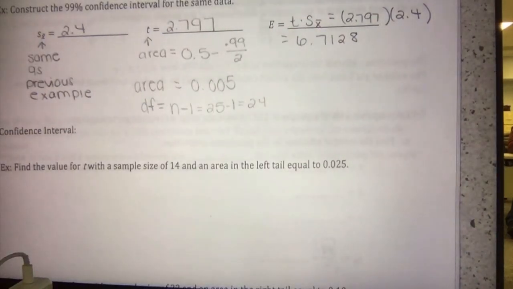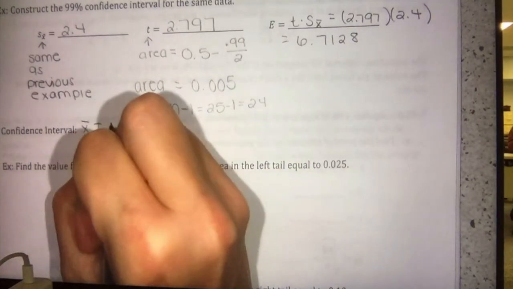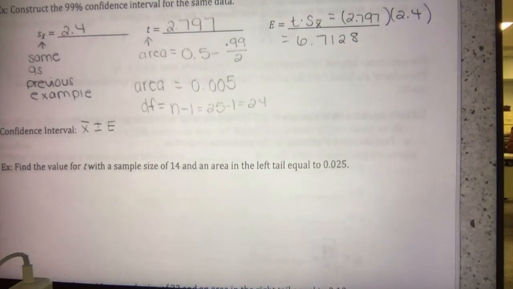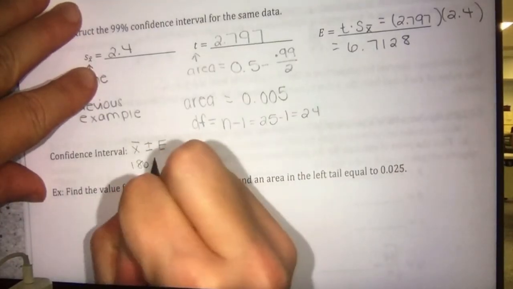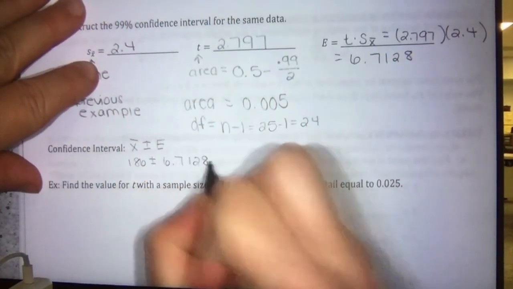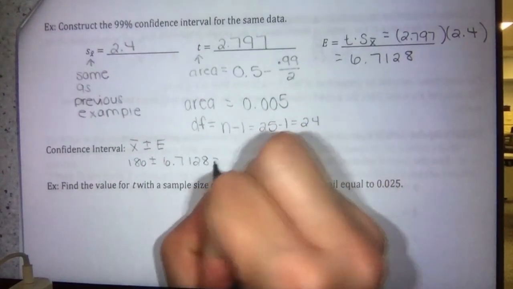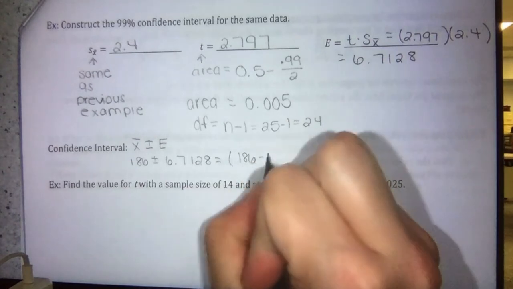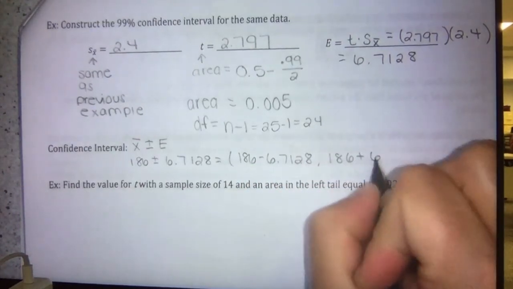The question asks us to find the confidence interval. So our confidence interval is x bar plus or minus our error. Our x bar from the previous page was 186. So 186 plus or minus our error, which we just found was 6.7128. So we have 186 minus 6.7128, comma 186 plus 6.7128.